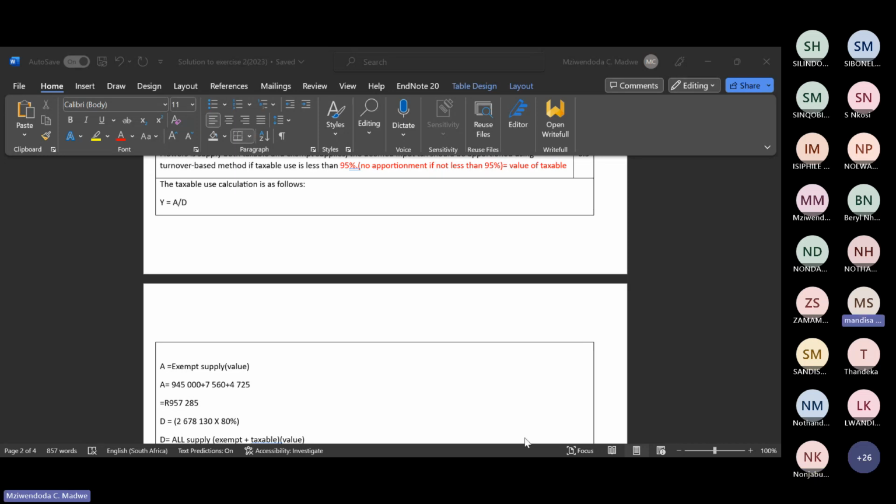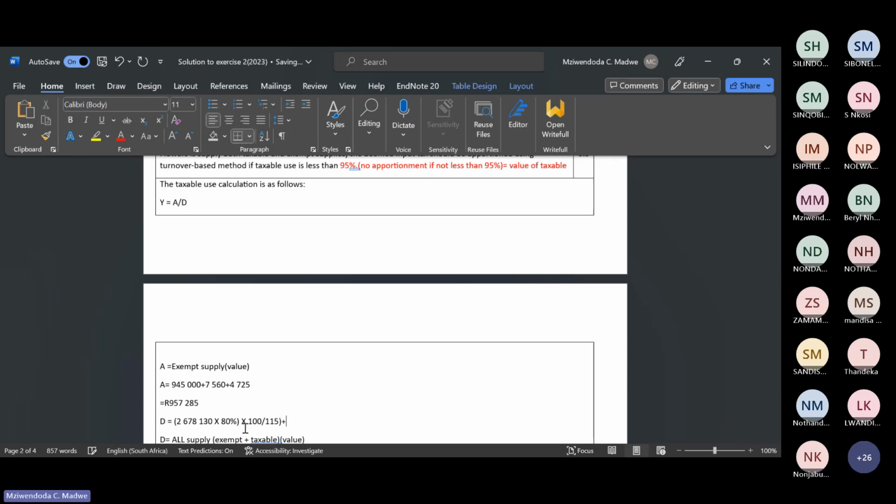So now here we'll say, look, this 80% includes VAT. Let us first exclude VAT from this amount, times 100 divided by 115. I think this is what you have to do.